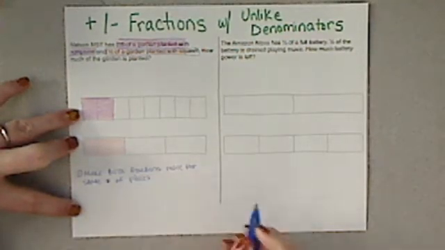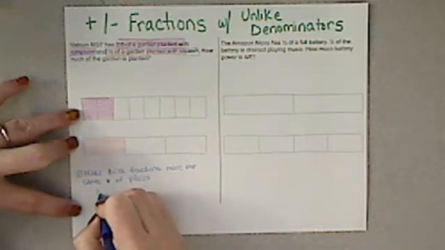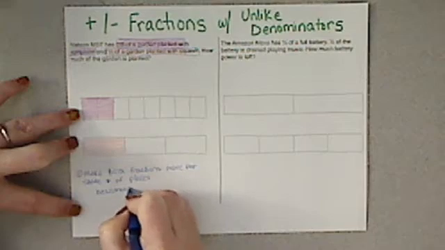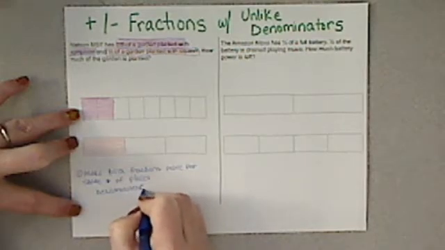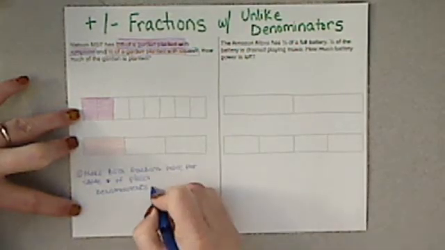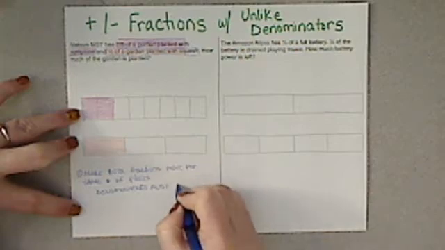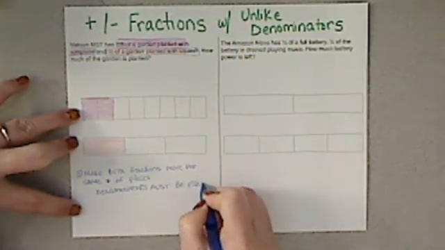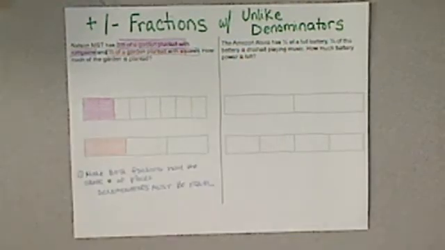This means that the denominators must be equal. In order to do this, we are actually going to have to create equivalent fractions.